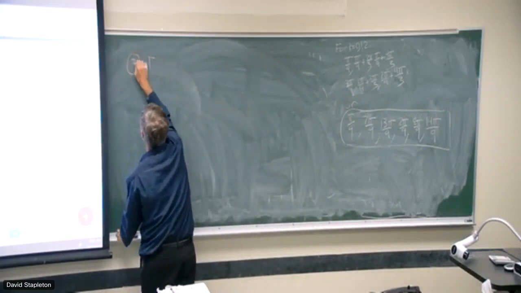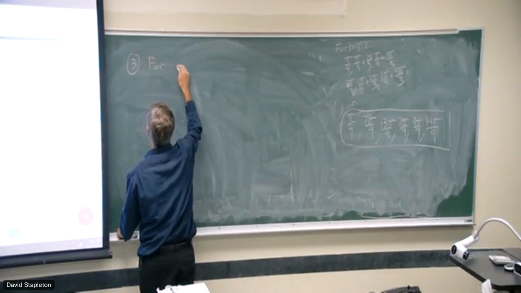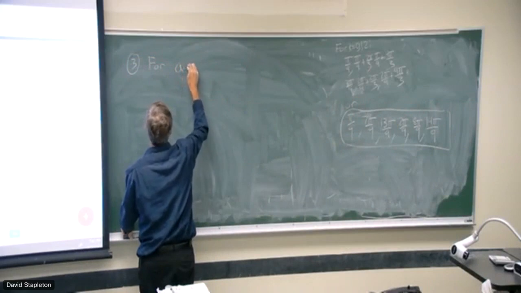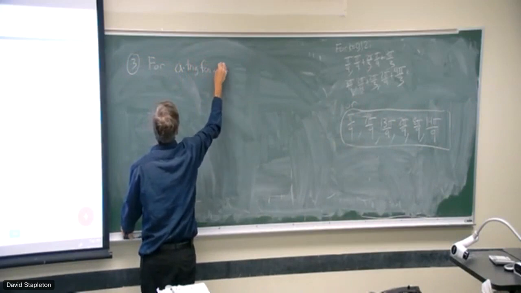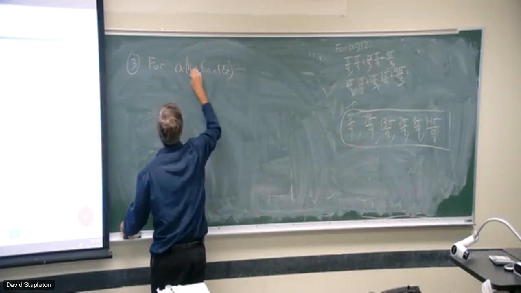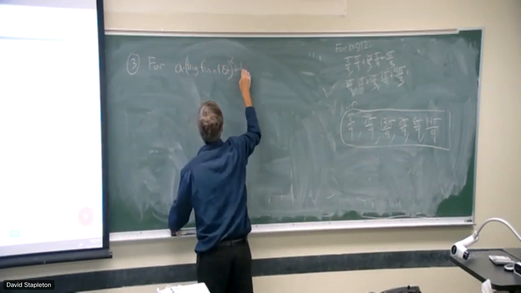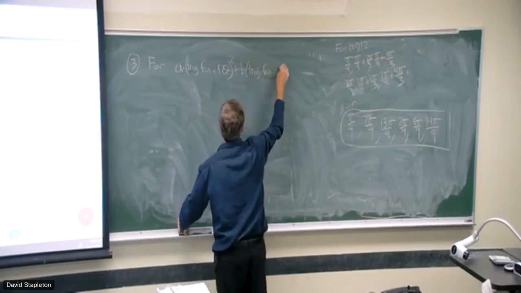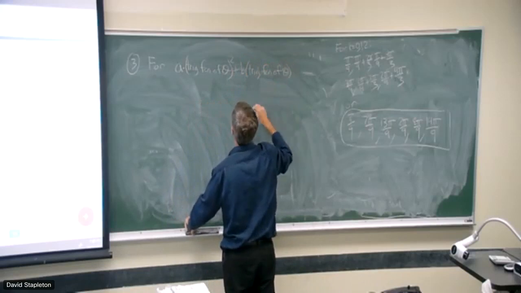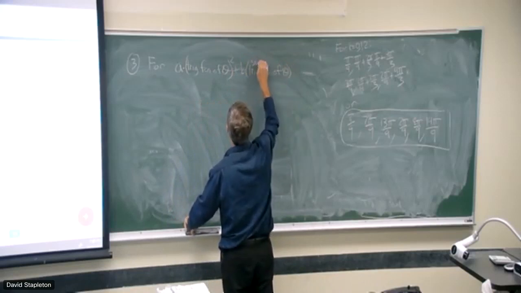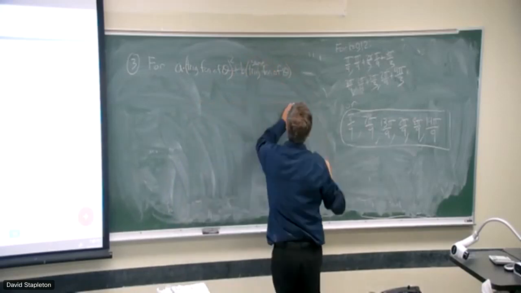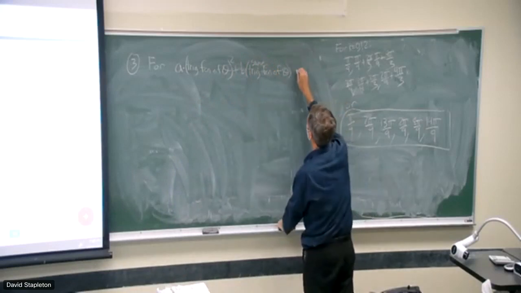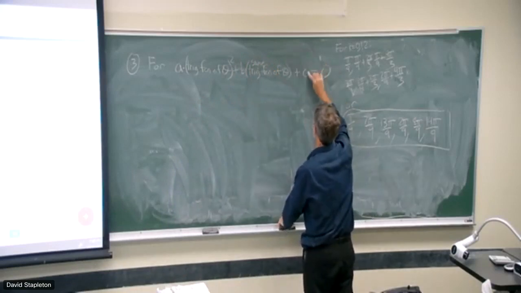This would be 4 equations: a number times a trig function of theta squared plus b times the same trig function of theta, plus c equals 0, where a, b, and c are numbers.